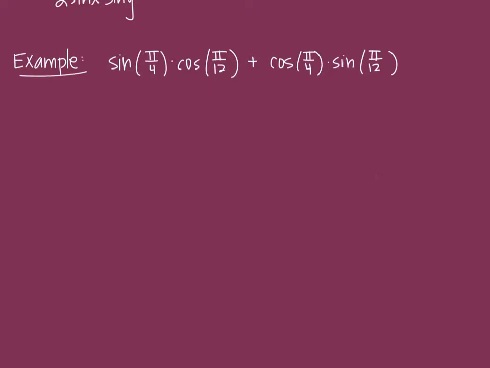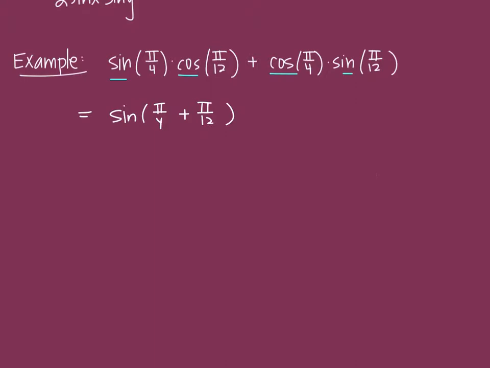Where did this come from? If you recognize the order, this is sine, cosine, cosine, sine. That means it came from something that had a sine on the outside. It did not have a sign change. But the order of the rhythm, sine, cosine, cosine, sine, means it came from what would have been a sine of A plus B. And the A was positive pi fourths, and the B was positive pi twelfths.